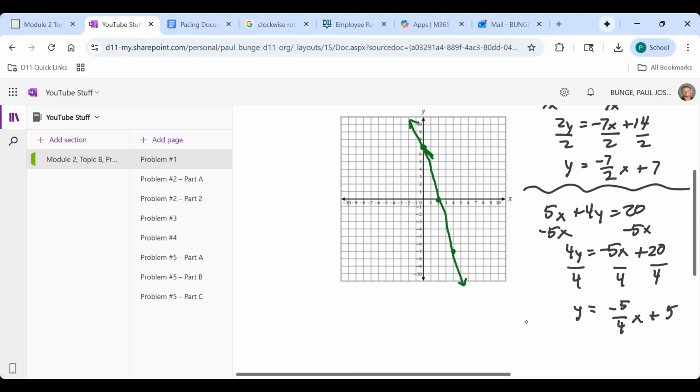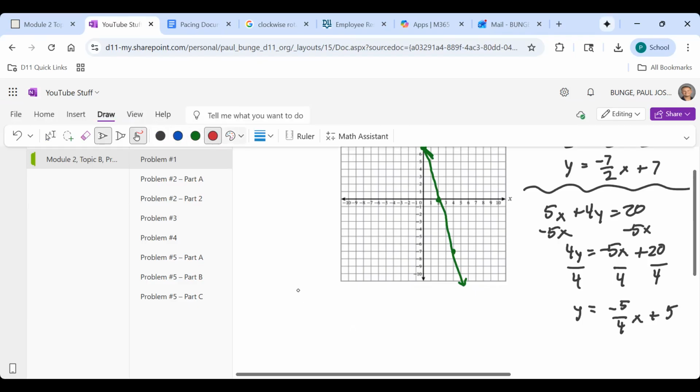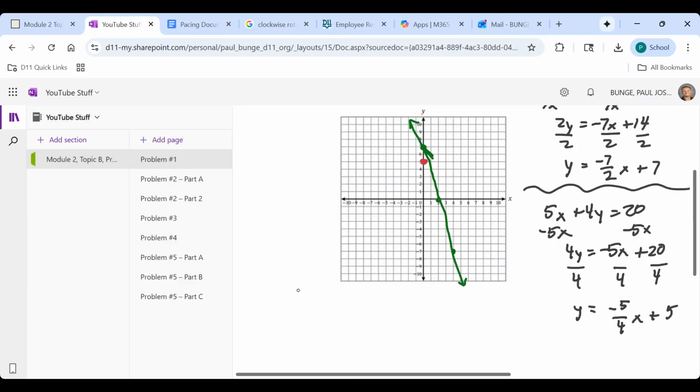Okay, so I'm going to start at my y-intercept, and go to red here. So my y-intercept is going to be at positive 5, and I'm going to go down 5, which is going to give me 0, and over 4. And I'm going to go down 5, so negative 5, and over 4 is going to put me at 8.